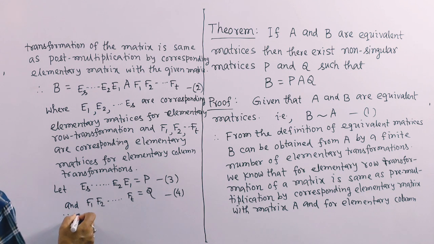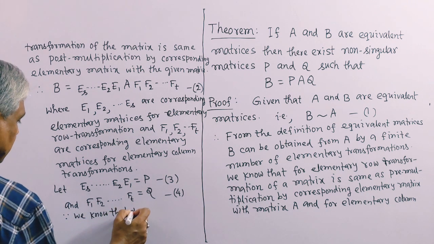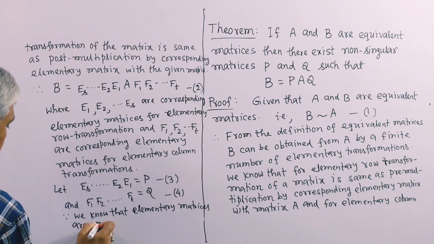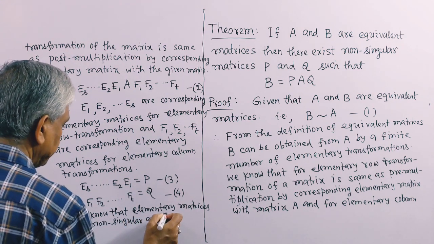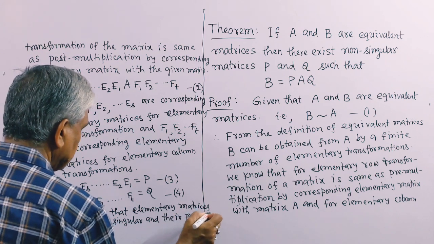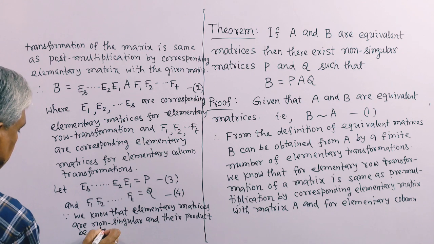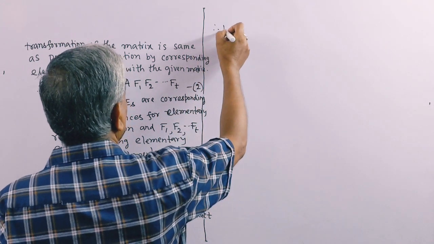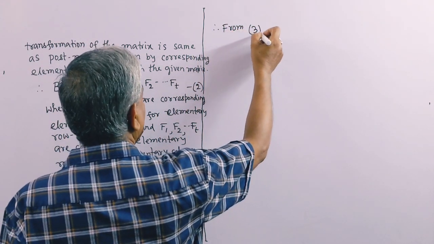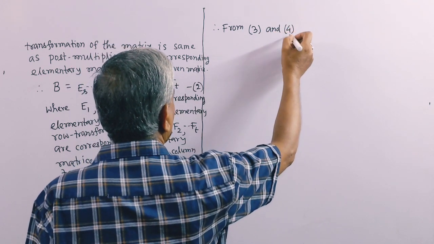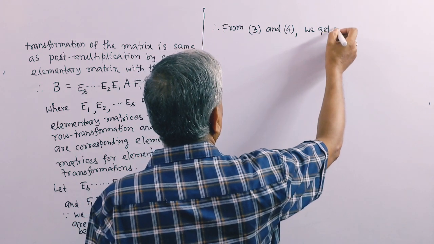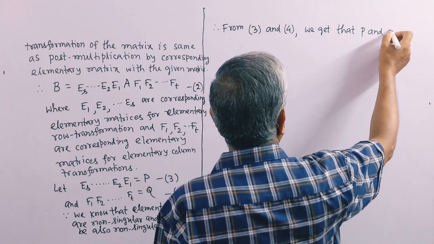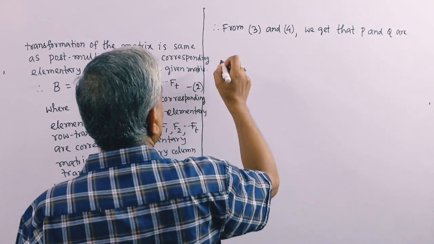Since we know that elementary matrices are non-singular and their product is also non-singular, therefore from 3 and 4 we get that P and Q are non-singular.